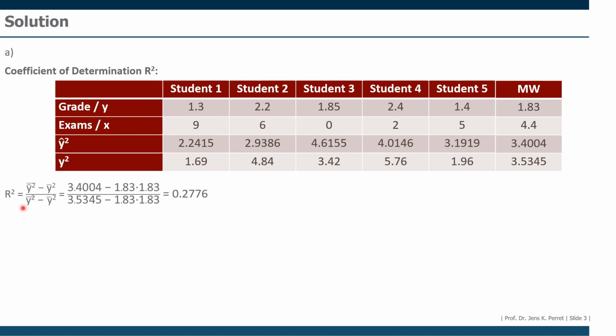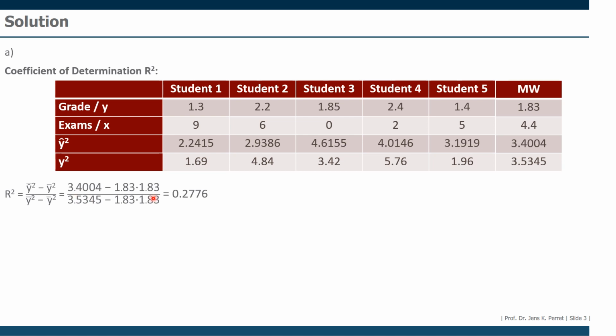We divide this by the average of y squared, that's here, the 3.5345, minus the average of y squared. So that's again the same thing as up here. So in the end, the only difference is here we're using the squared estimated values. Here we're using the squared original values.